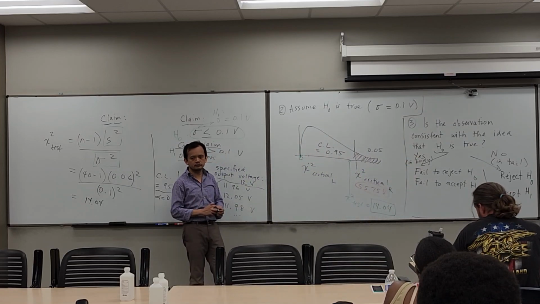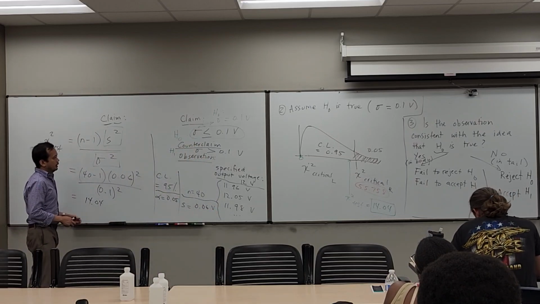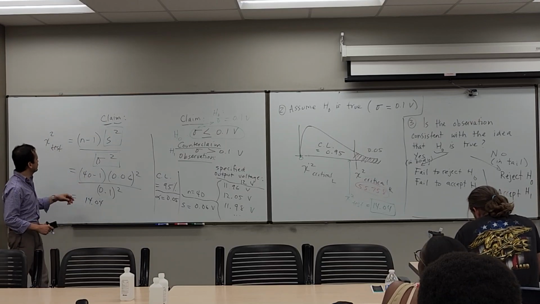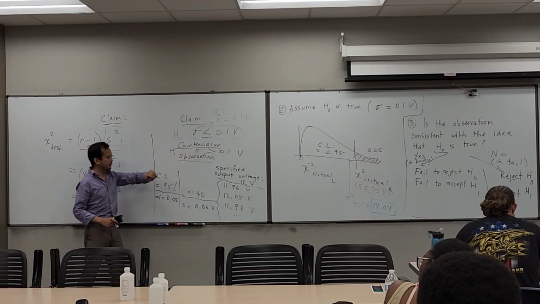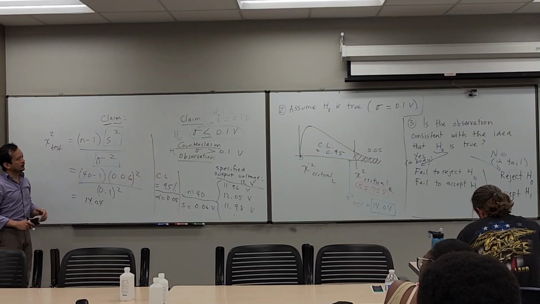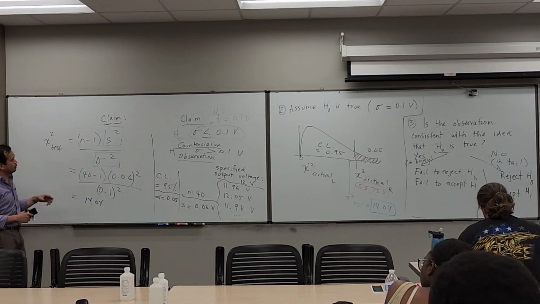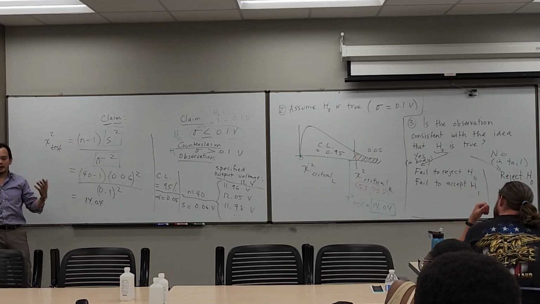Okay, any questions? All right, so now that we talked about hypothesis tests that involve a claim that has a standard deviation, let's now talk about the next variation, the next variety, which is hypothesis tests that have a claim that involve two population proportions.